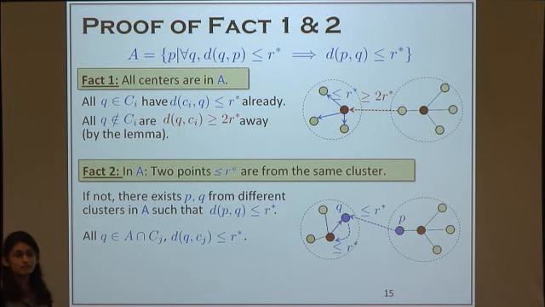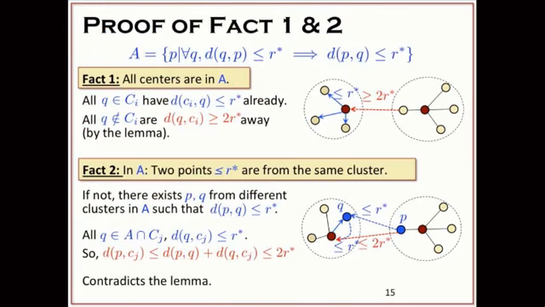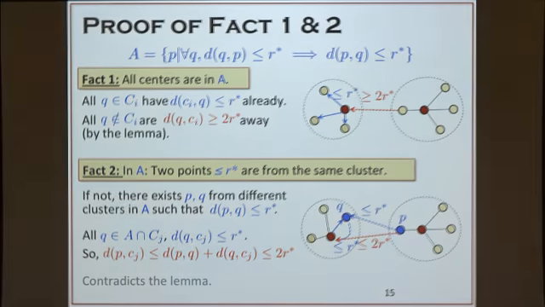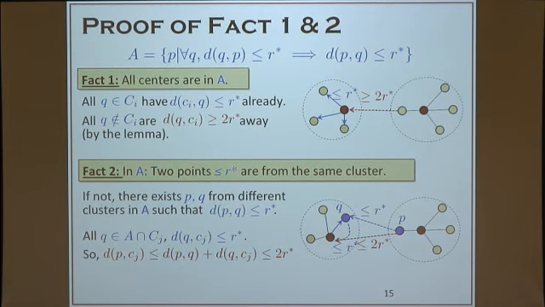Q is in the set A. Because it's in the set A, and because the center to Q has a distance of r star, the Q to center also has to have a distance of r star. So the distance that Q pays to go to the center is also at most r star. Given that, using triangle inequality, P to the other center is now at most 2r star, which contradicts the lemma. So these two facts follow very naturally from the lemma that we had.